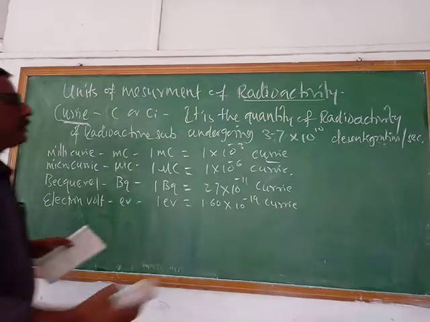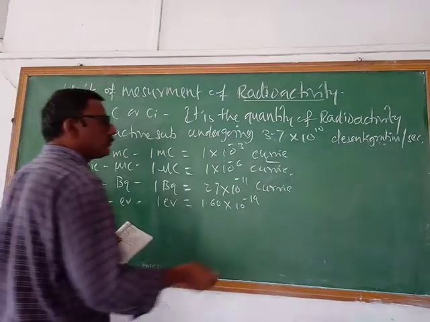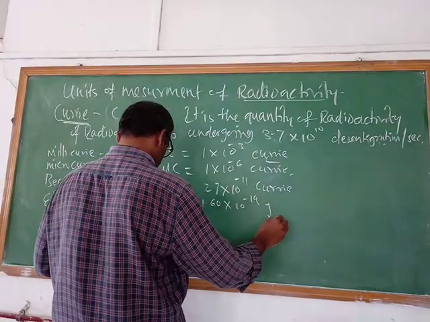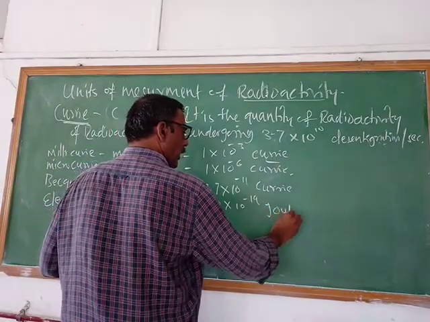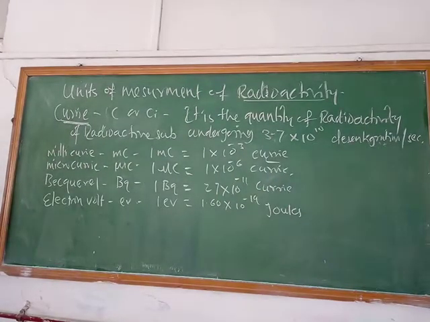Sorry, not curie, it is joules. The next unit is the electron volt. Ionizing radiation is a form of energy and the unit of measurement is the electron volt.